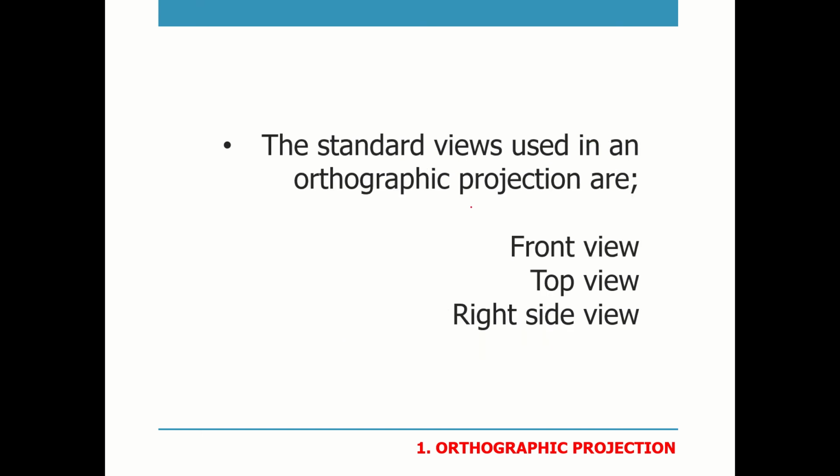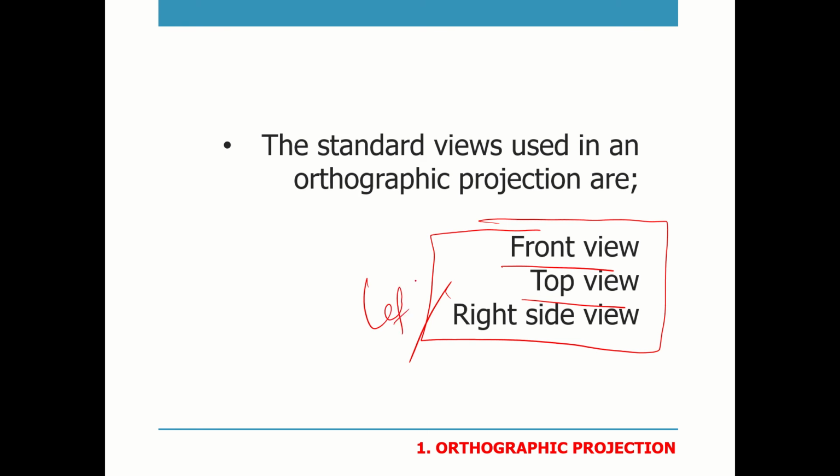So a more complex object means more detailing is required, and a less complex object requires fewer views. Like I said, the standard views needed are front view, top view, and right or left side view. I can put left also here because you don't always have to draw the right hand side. Let's say you have an object here where the detailing is on the left.